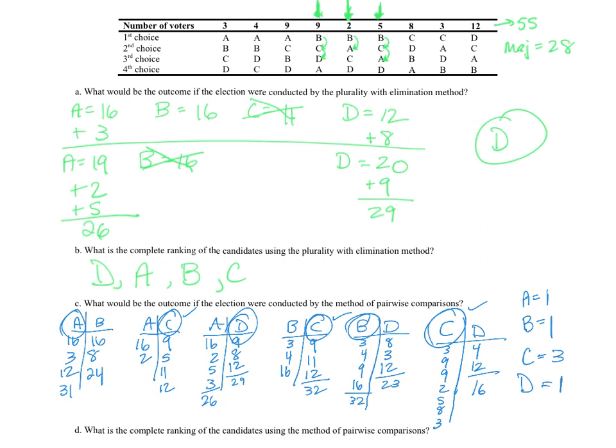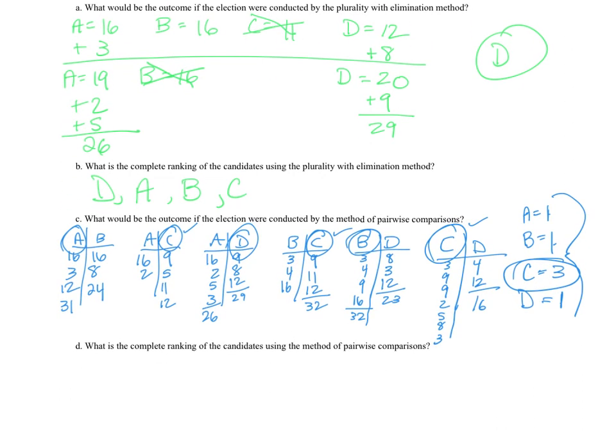Now remember, now that I've allotted all of these points, it should add up to 6. So it does, 3, 4, 5, 6. So the winner is C. The complete ranking would be C wins, and then A, B, and D all tie for second place.